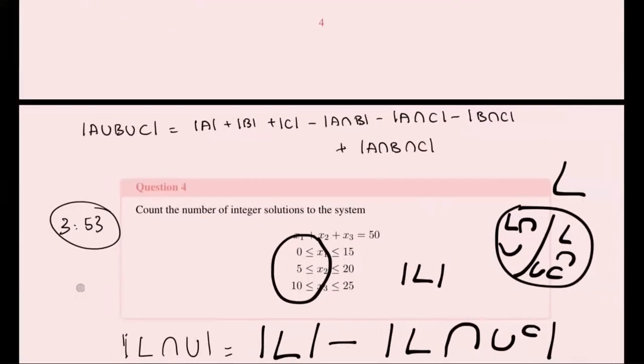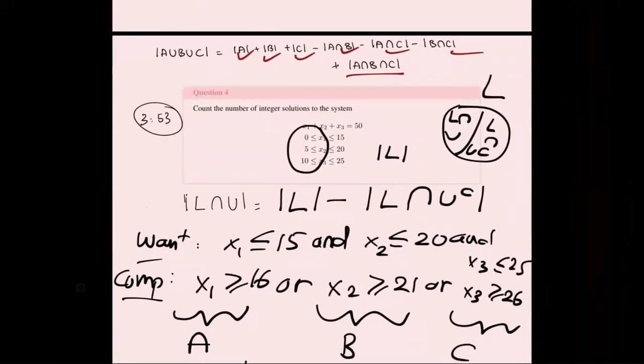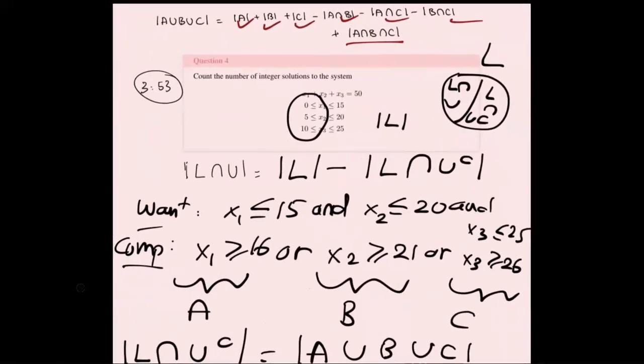So we cover the first 3 terms, all the intersections, now only the last term. We have to think about how many solutions are there such that x1 is at least 16, x2 is at least 21, and x3 is at least 26. You will realize that no such solution exists, because if they satisfy all these minimum numbers, then their summation will exceed 50.